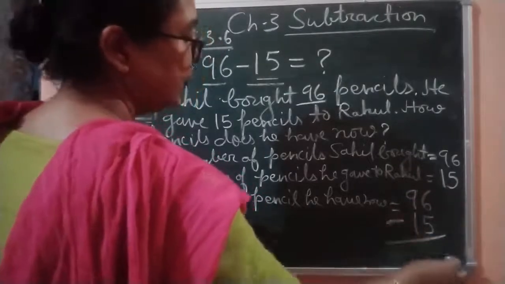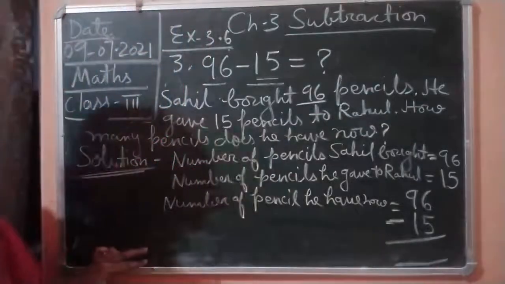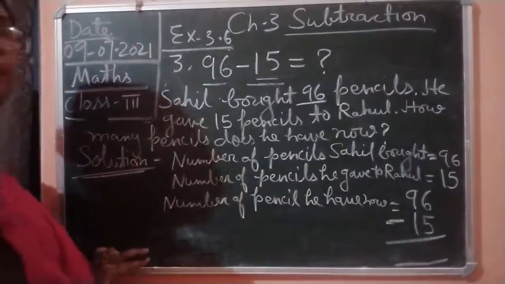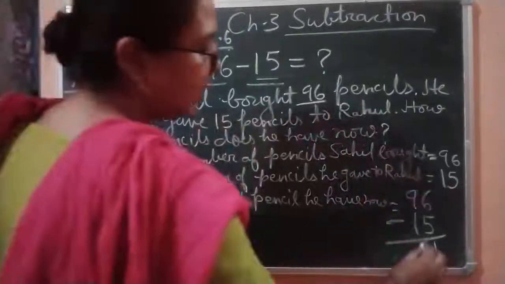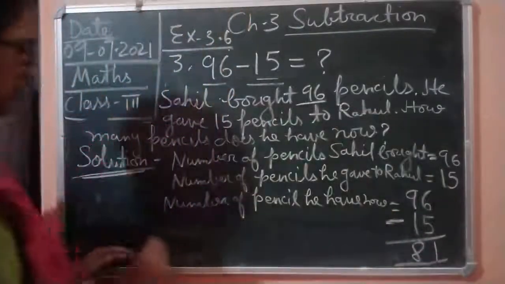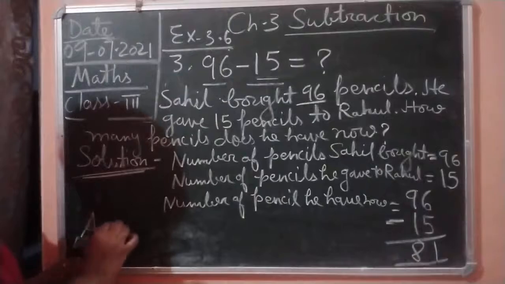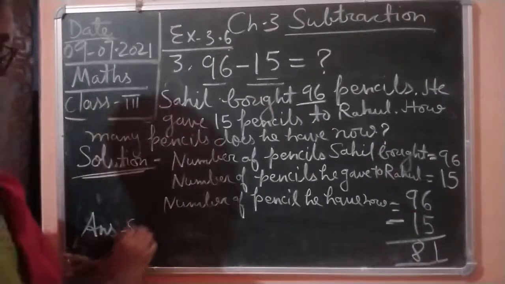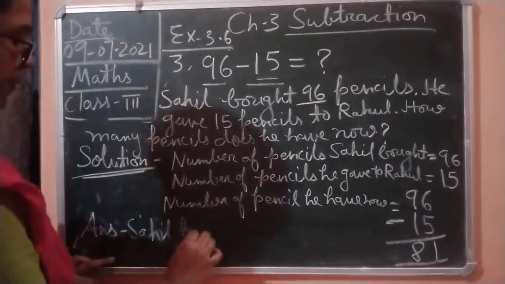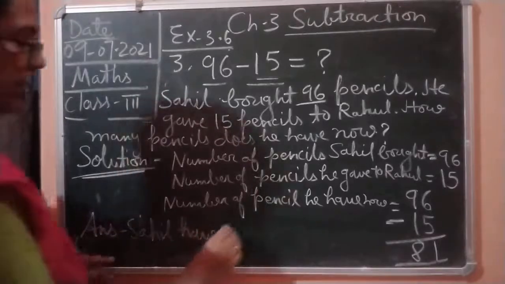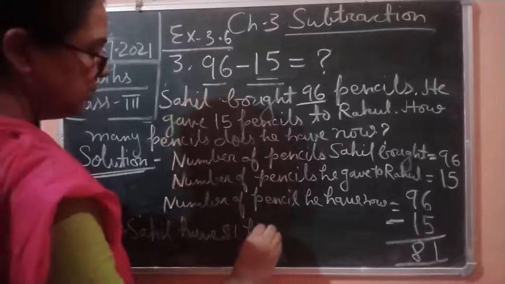We are going to subtract it first. So 6 minus 5 we will get 1. 9 minus 1 we will get 8. So the answer we are going to write over here. Sahil has 81 pencils.